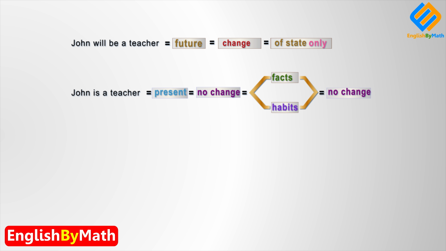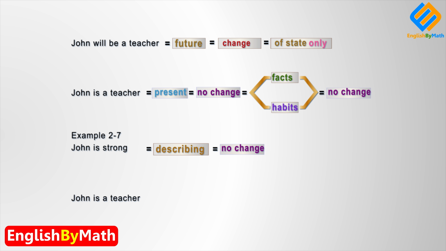The same reason applies when we describe things or people. John is strong. Describing. To describe John as strong, he has to remain strong, which means no change. The end result of the simple present is as follows. John is a teacher.